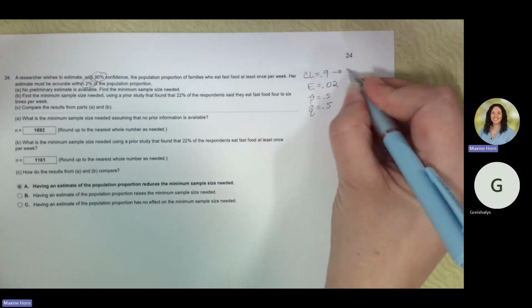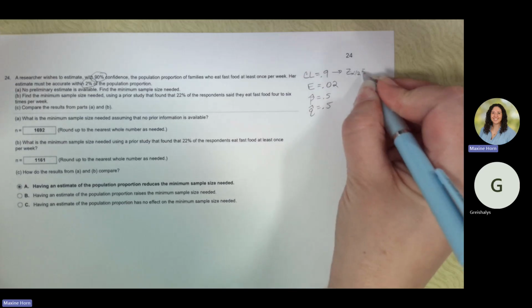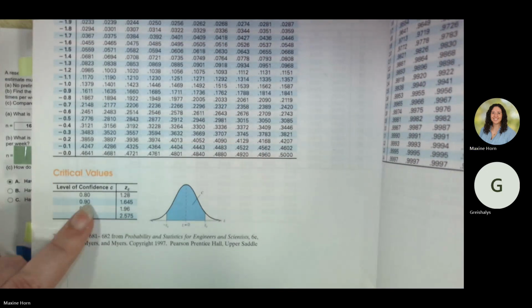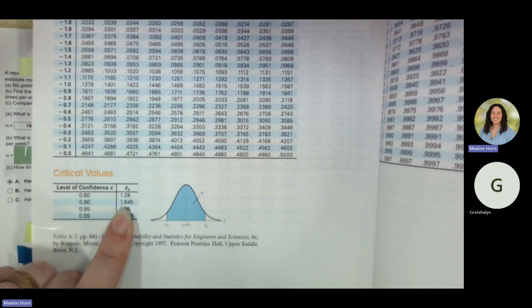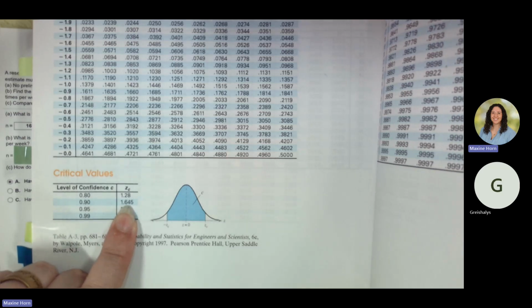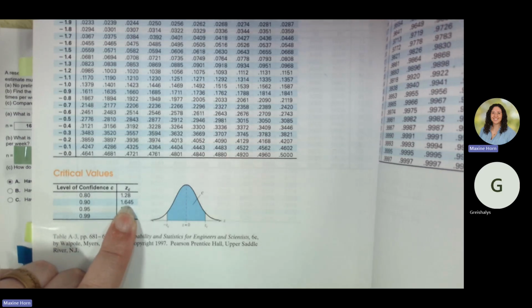We're going to find our z alpha halves. For a 90% confidence level, when we look to the table, thankfully, it does give us 1.645. Now, I'm not going to use 1.645. I'm going to use 1.65 because I'm going to go to 2 decimal places, because the system seems to like 2 decimal places.